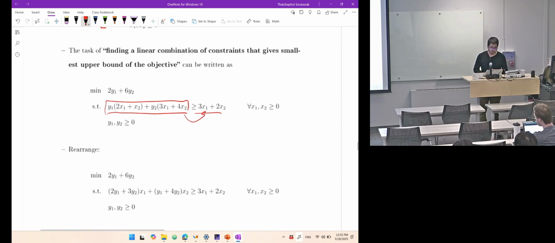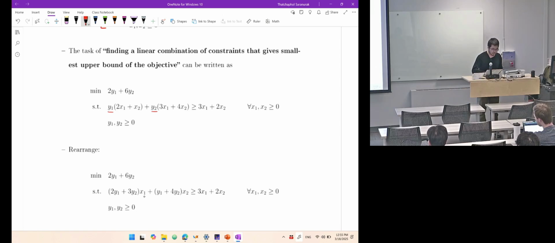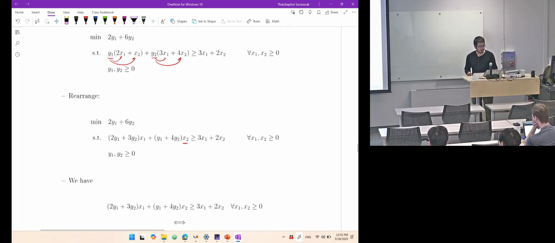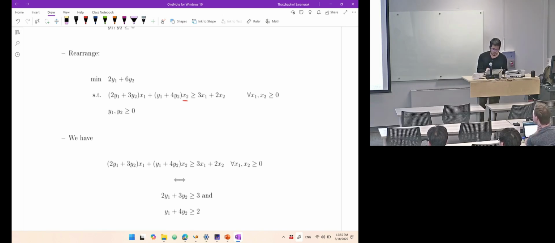And then I can rewrite it a bit. Instead of having y like this, I collect the coefficients, multiply y to here, and rewrite. And I get this thing. And actually, what about this constraint?